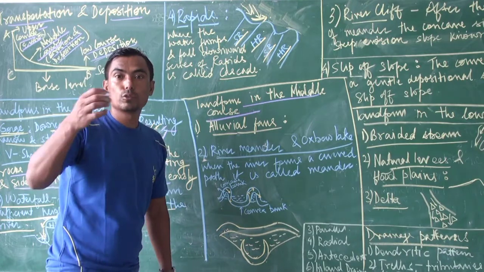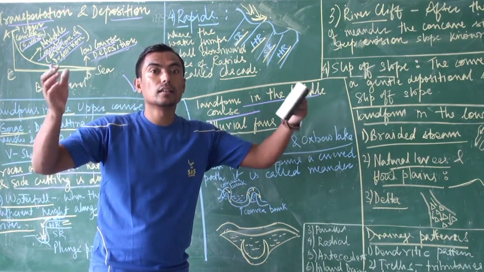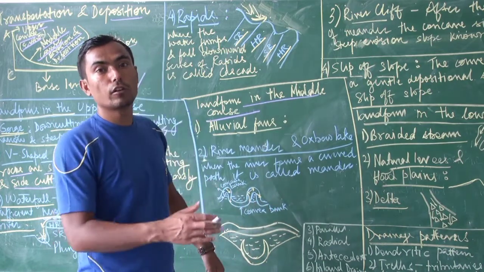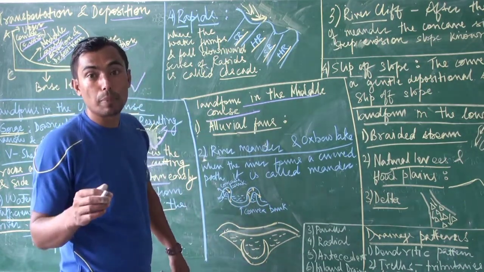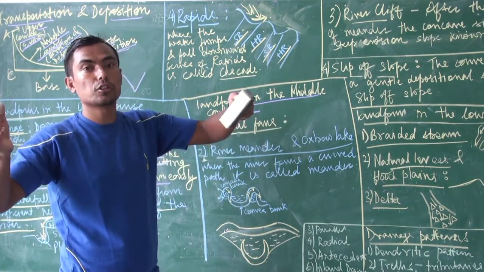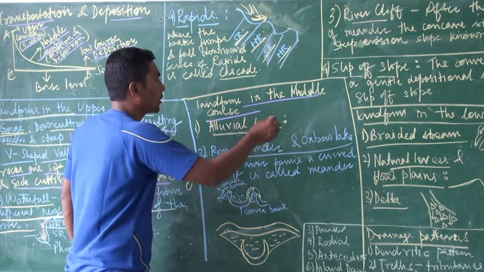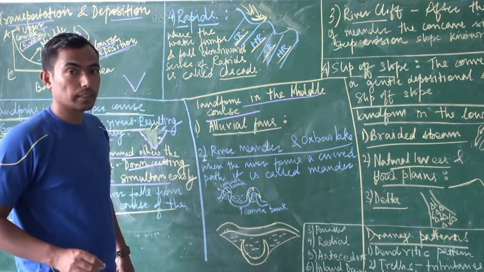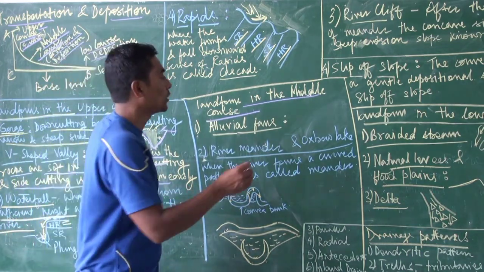If you observe, those areas are much wider than the river Tista before crossing the Coronation Bridge or before crossing Bakpur. Those areas become much wider as soon as you cross the Coronation Bridge. The reason is that those areas fall under the middle course. Clear? And not only that, those areas fall under the foothills.